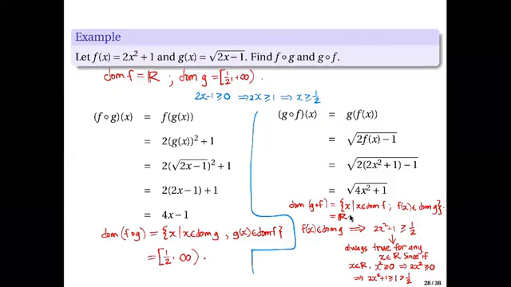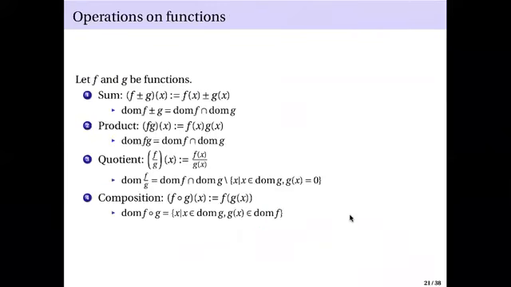So let's go back to that slide. So this guy here. Sum, you have the plus and minus. The domain of the sum, it's the intersection of the domains. You have the product.